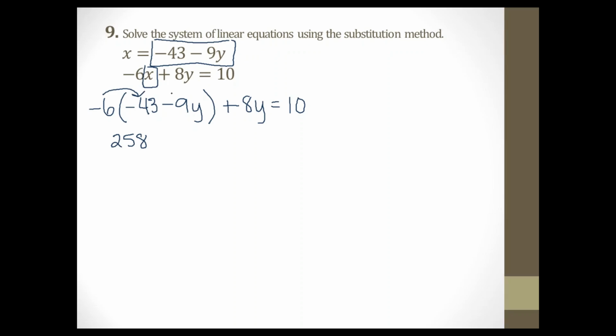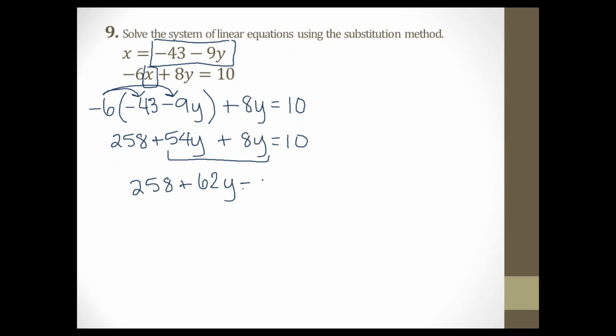Then -6 times -9y will be positive 54y. Then I'm going to bring down my plus 8y equals 10. So now let me combine like terms on the left-hand side. 54y plus 8y will give me 62y. Then I have 258 plus 62y equals 10.